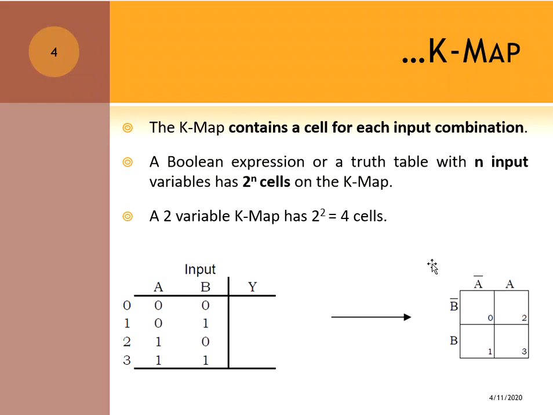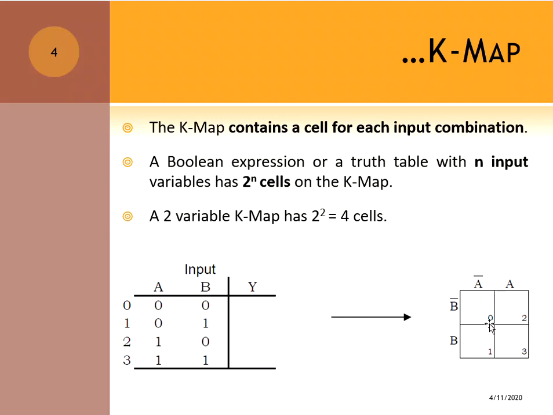So in this K-map, when you transform this truth table into a K-map, instead of just having A and B, you are going to add A bar and B bar. And you can see a small number for each cell here, starting with 0, 2, 1, 3.